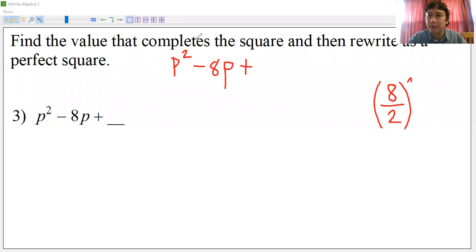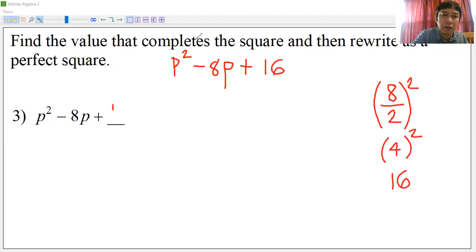So 8 over 2 is 4, and squaring it gives 4 times 4, that's 16. That's the required number. That means you're supposed to add 16 there.